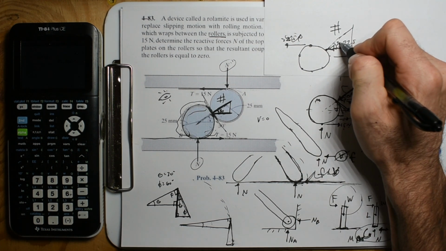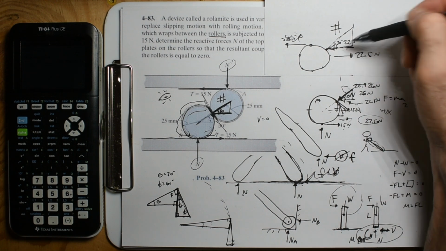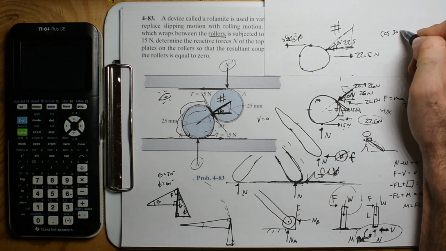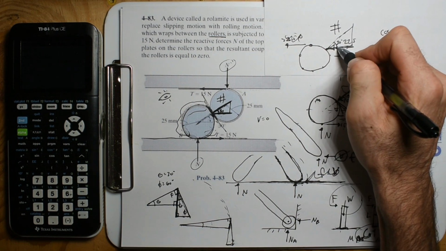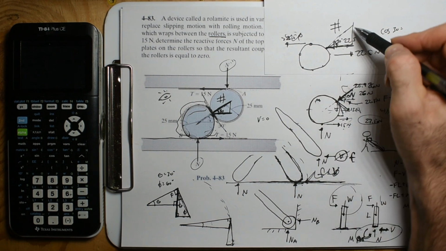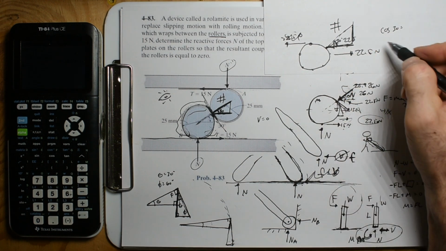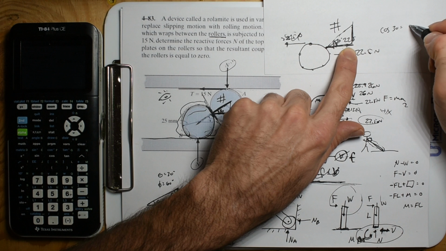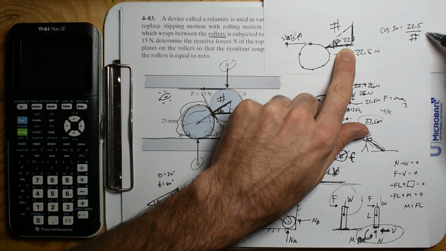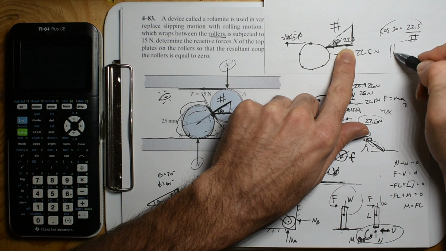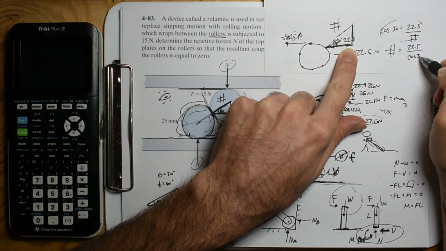I know this angle is 30, so I know something about the cosine component. The cosine of 30 is the adjacent. This is the adjacent part of that triangle. So if this is the angle, this is the sine component, this is the cosine component. So I can see that cosine 30 is 22.5 divided by the hypotenuse. I can rearrange this equation, and the hypotenuse, that larger number, is 22.5 divided by cosine 30.